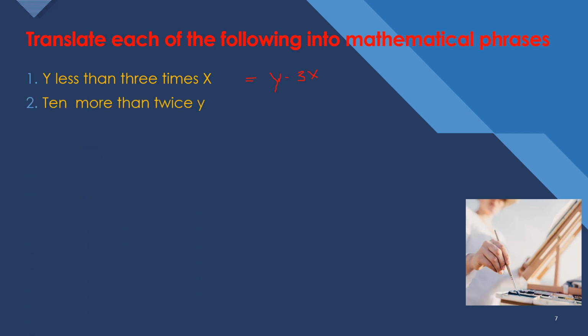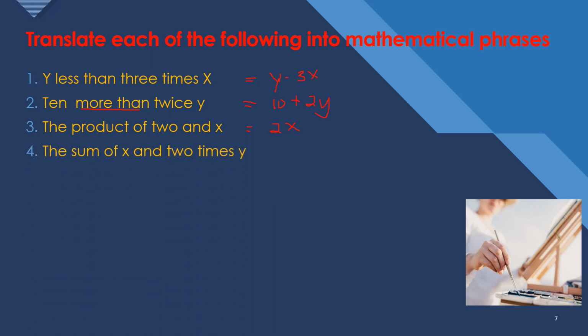Number 2, 10 more than twice y. Okay, so 10, from the word more than, that means plus 2y. Okay, and then the product of 2 and x. Okay, so we have 2x.